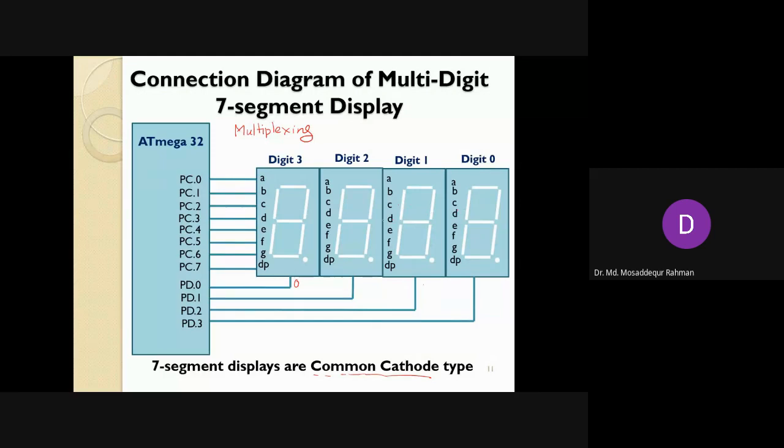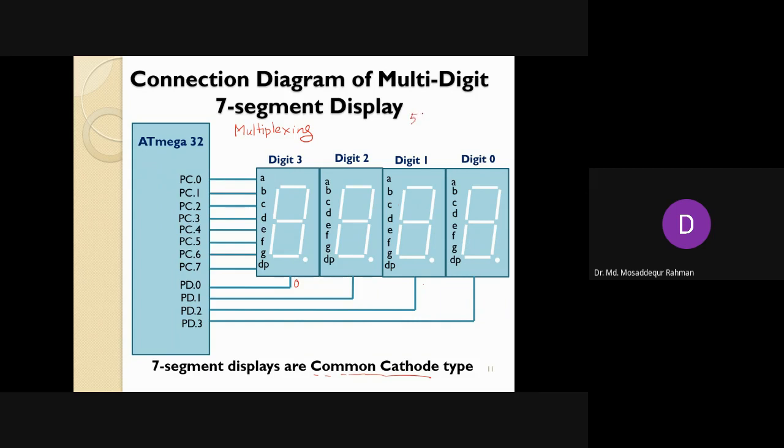This is how we can turn on these different digits one by one. That is what is done when they are connected in parallel, because if you turn on all at the same time, all the display boards will show the same number. But we want to display different numbers.